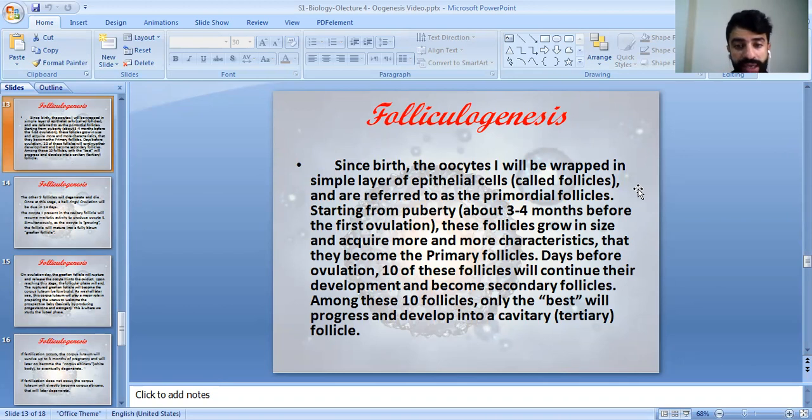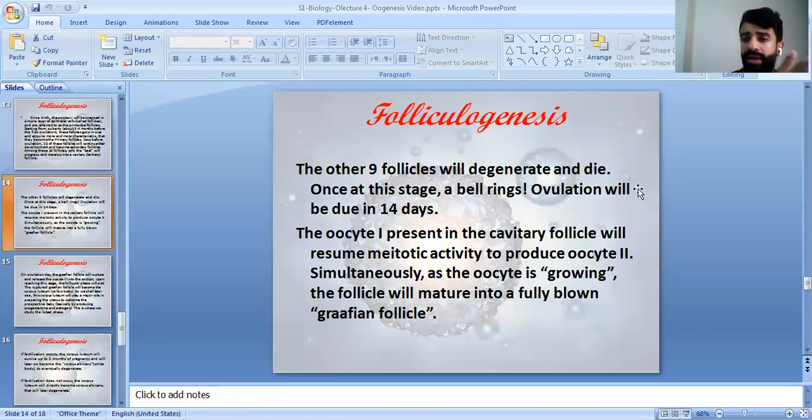Ten of these follicles, during the days before the rupturing of the follicle, will develop into secondary. Only one, the best one of these 10 follicles, will develop into tertiary, which is called the cavitary follicle. The other 9 degenerate and die.